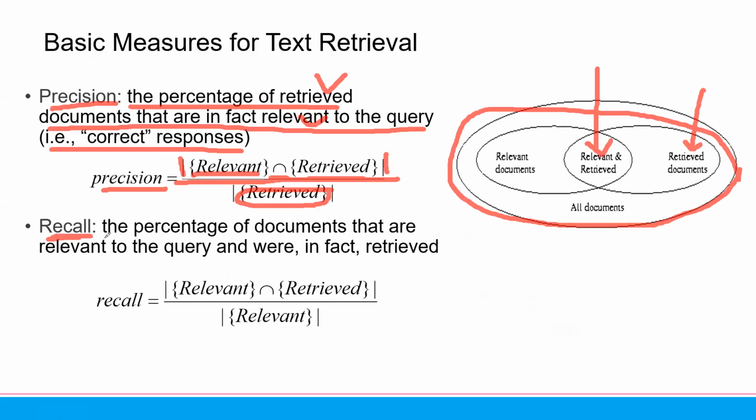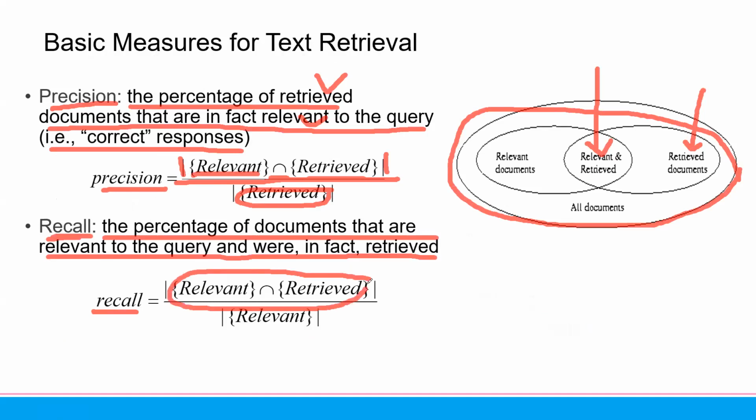Recall means the percentage of documents that are relevant to the query and were in fact retrieved. So recall means I want to know how many of the relevant and retrieved documents, divided by the number of relevant. So I can say the number of relevant and retrieved divided by the relevant.